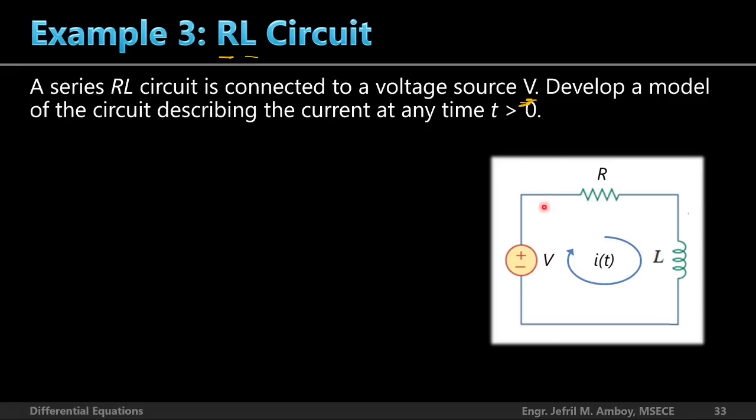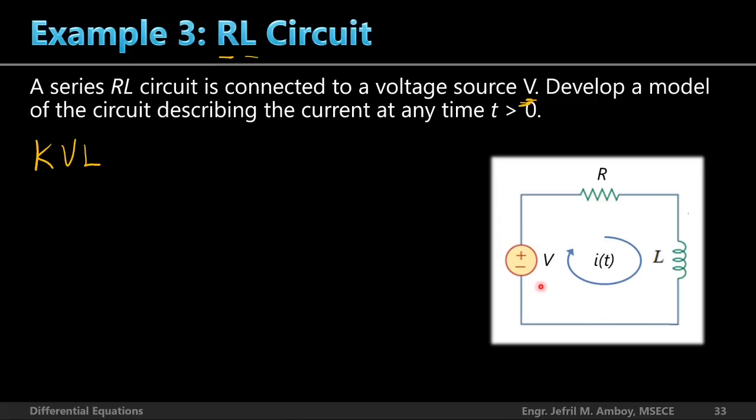So we can come up with a differential equation. We can use KVL, or Kirchhoff's voltage law. If you're not familiar with KVL, KVL states that the summation of all the voltage drops in a closed path or a closed loop is equal to 0. I repeat, KVL, or Kirchhoff's voltage law, states that the summation of all the voltage drops in a closed path is equal to 0.